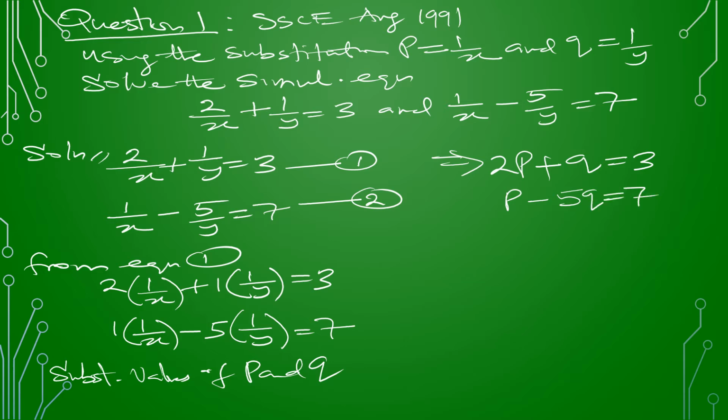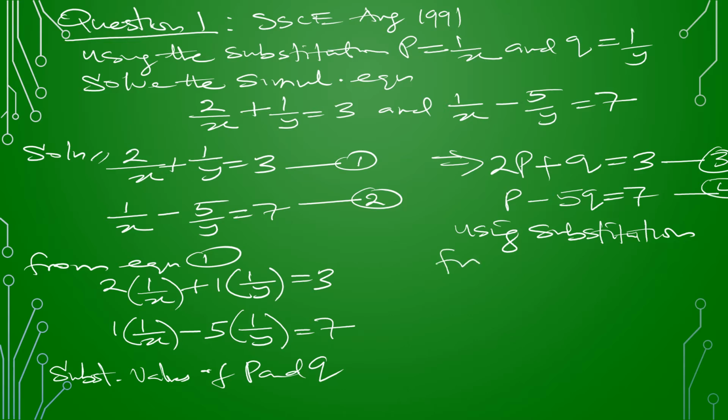And then we also have P minus 5Q as equal to 7. Now, they say using substitution. So using substitution method, it has been stated clearly. So we have to make one of the variables the subject of the formula. Let's call this one equation 3, let's call this equation 4.